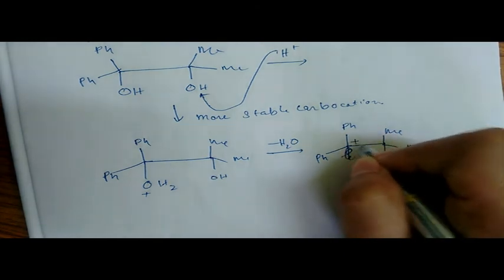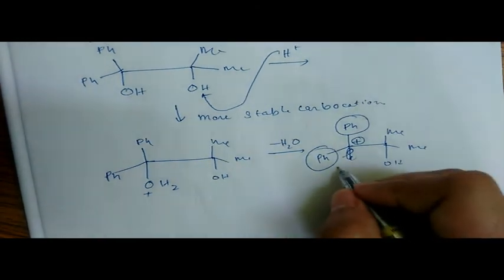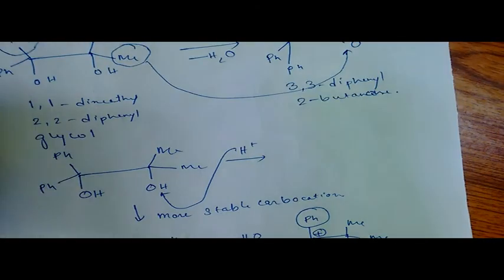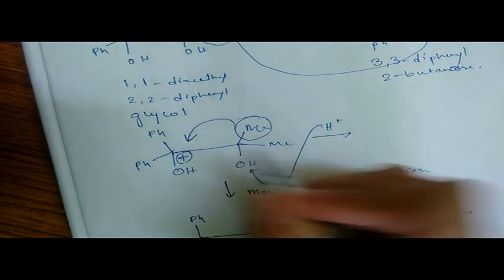Now this carbocation is stabilized by two phenyl groups. So due to this greater stability, the carbocation is formed in this position and the methyl group migrates here.